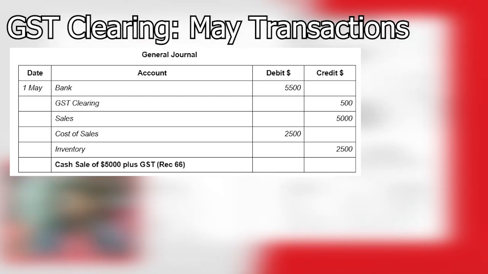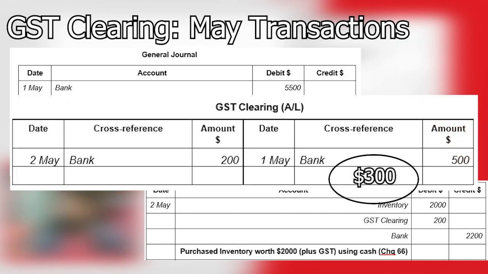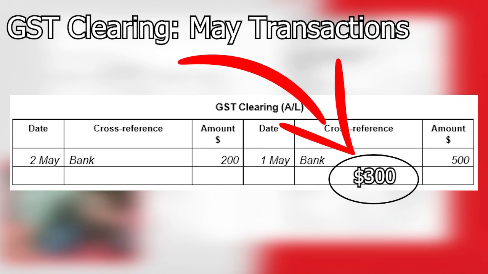Meanwhile, on the second of that month, we've paid our 200, that reduces liability. Based on this, if we were to foot it, it would be a credit balance of 300. So that's important. How do we report GST, and where would that 300 hypothetically go?